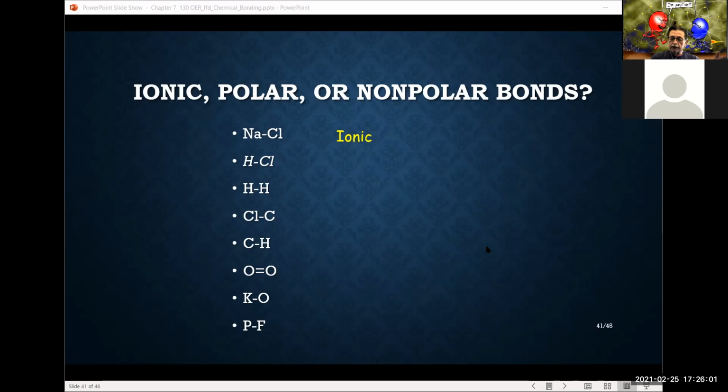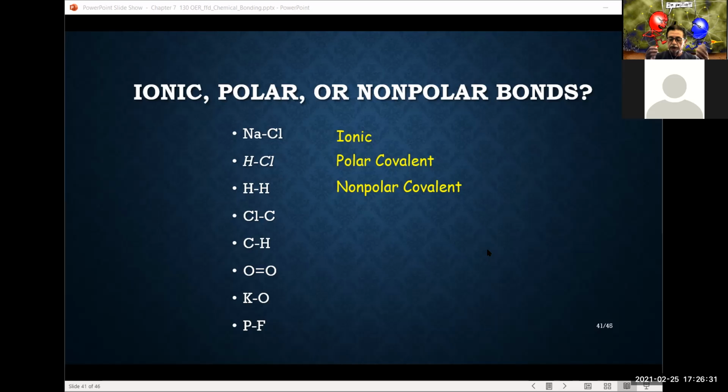Hydrochloric acid, hydrogen and chloride, two non-metals, and two different non-metals together. Therefore, polar bond. H and H, two non-metals together, furthermore, two of the same non-metals together. Therefore, you have a non-polar covalent bond.